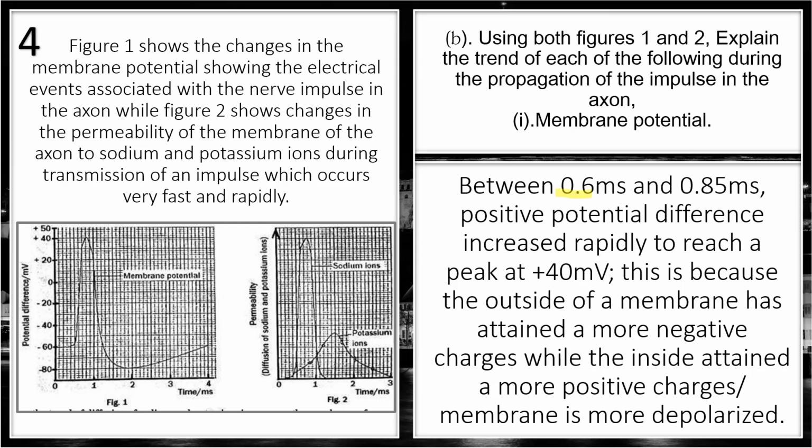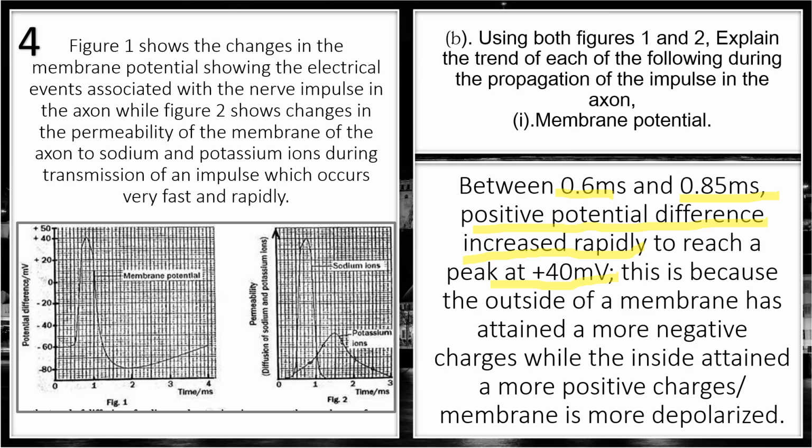Between 0.6 to 0.85 milliseconds, the positive potential difference increased rapidly to reach the peak at positive 40 millivolts.